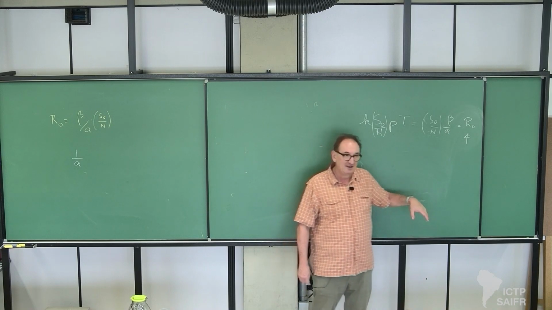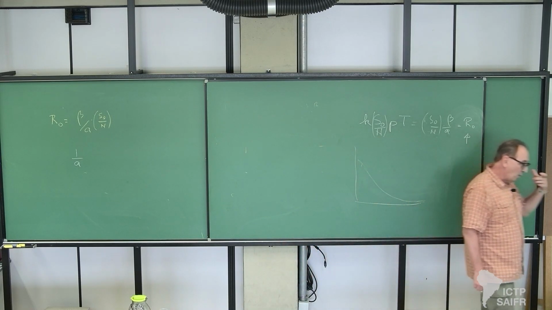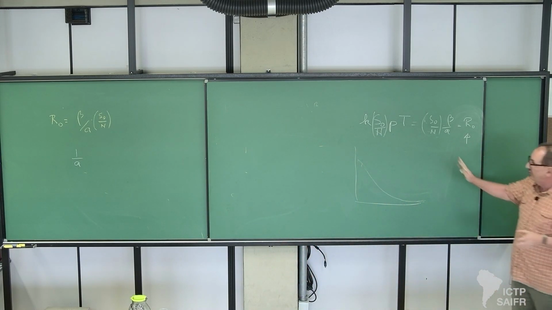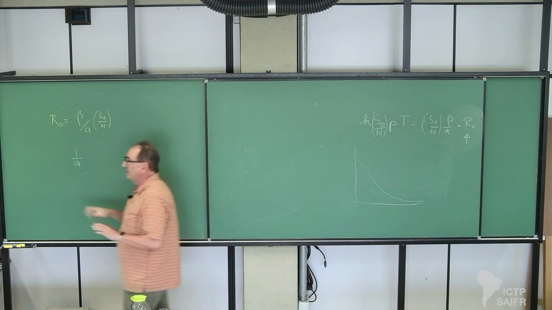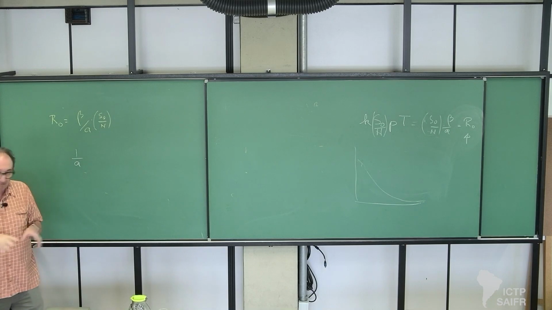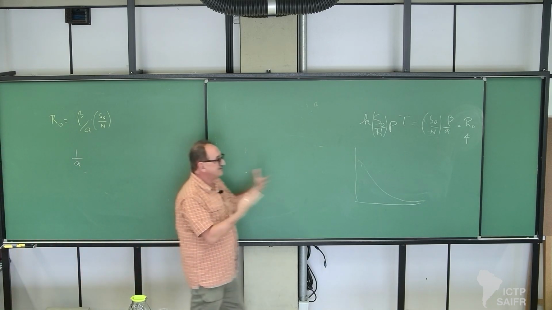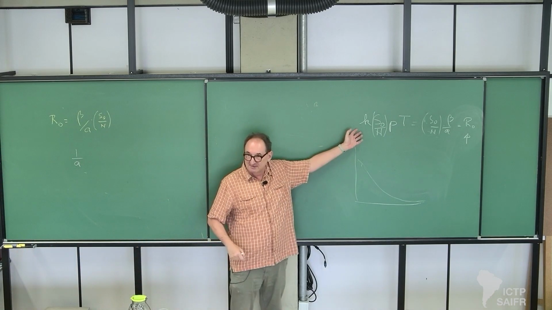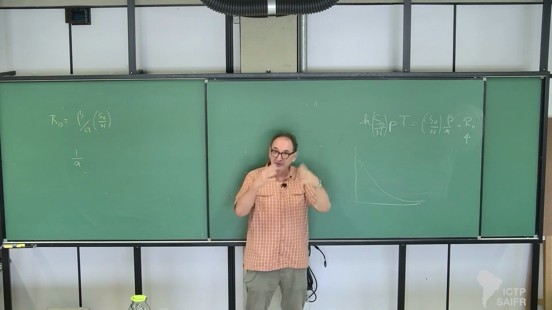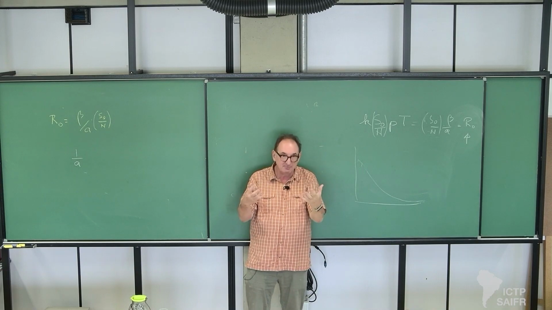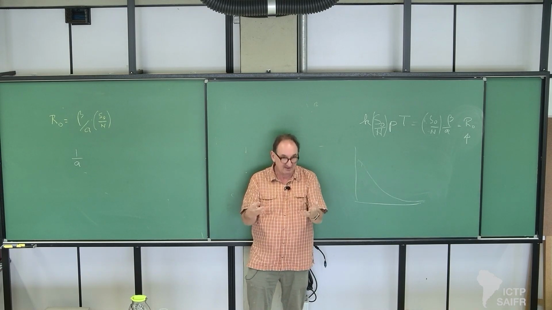When you try to use these distributions in the models, it turns out that the transmissibility will depend on the form of your distribution of contacts, of partners.